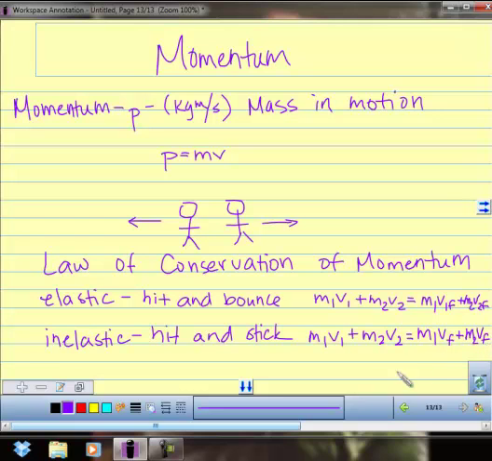Both of those velocities are the same, so I can even simplify this formula by saying m1v1 plus m2v2 equals (m1 plus m2) multiplied by v final. Momentum is very helpful when you draw pictures of the collisions, because that way you can actually determine whether they are moving separately or which one's going faster, and so forth.